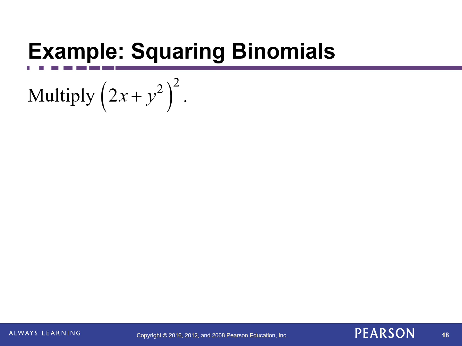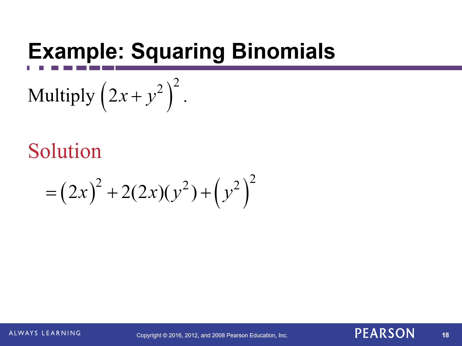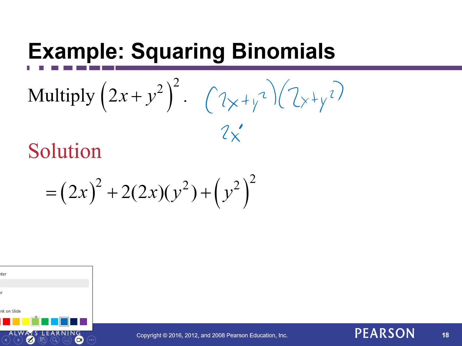All right, this one says multiply (2x plus y squared) squared. Like I said, you can use the special formula for that one as well, or you could just FOIL it. It intimidates some people to see the squared on the y sometimes. Don't be intimidated. You're still just doing 2x, it'll wind up being 4x squared. 2x times 2x is 4x squared.